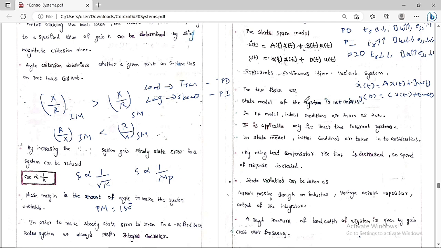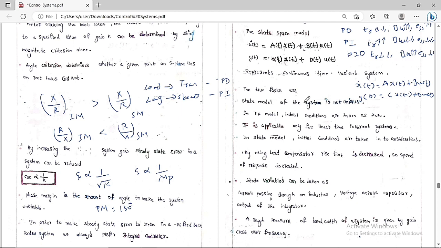Whereas in the case of the state model, the initial conditions are taken into consideration, meaning they are not taken as 0, they are considered. It is applicable for both LTI systems as well as non-LTI systems. And the state model is not a unique one, whereas the transfer function is a unique model. So these things you always have to keep in your mind.